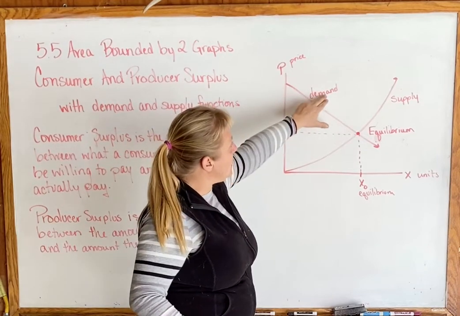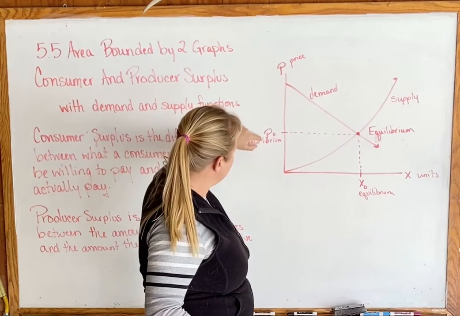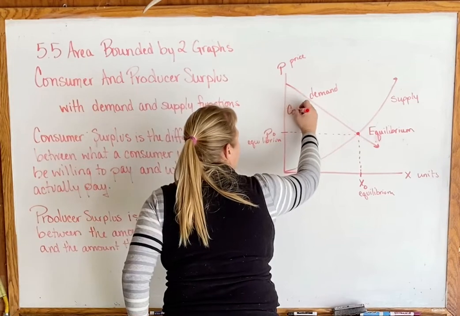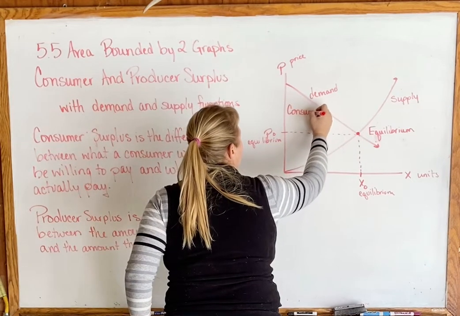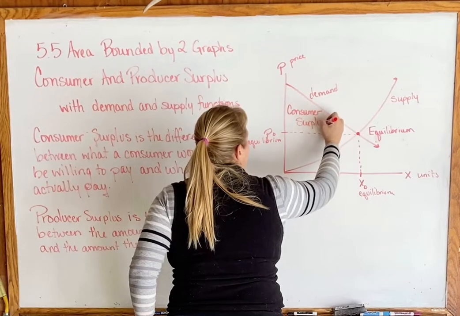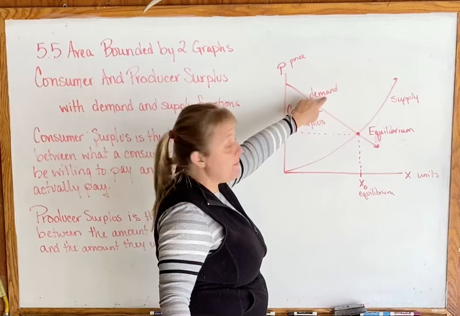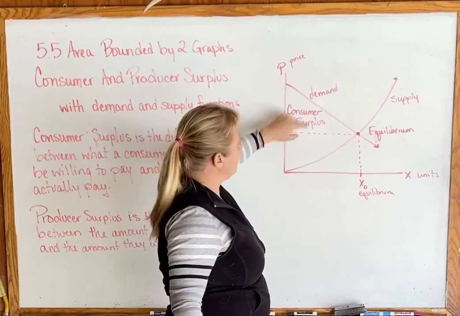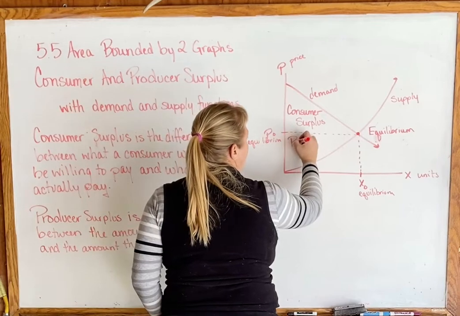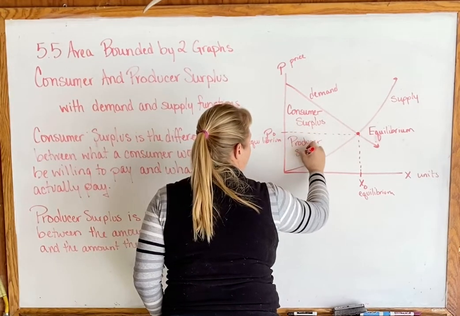This one that's between the demand function and the equilibrium, this area right here, is consumer surplus. Between the demand and the equilibrium, what the consumers are demanding and what the equilibrium price is, that's the consumer surplus. Below here is the producer surplus.